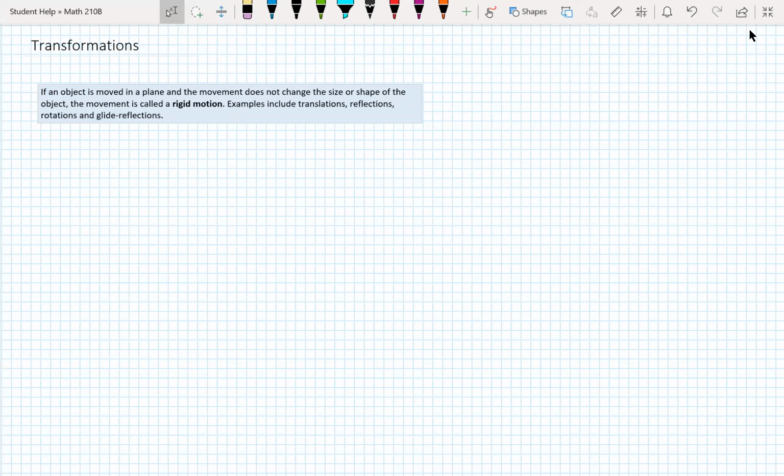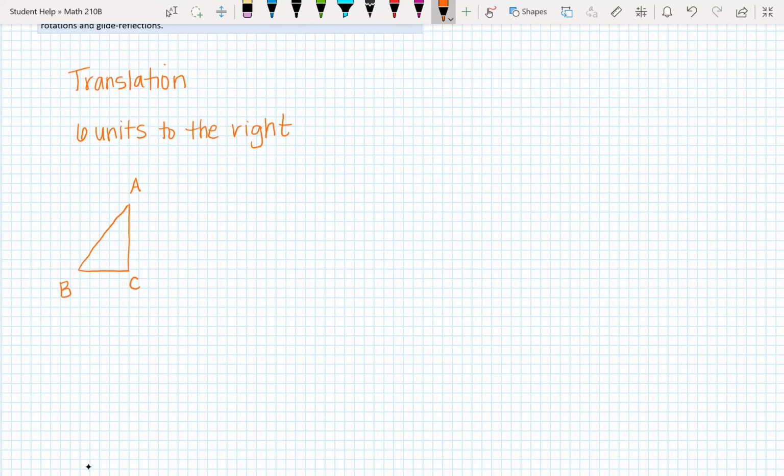So what I'm going to do is go to each of the points that are given here, and I'm just going to count 6 tick marks to the right. So starting at point A, I'll go 1, 2, 3, 4, 5. The new point A, or A prime, showing that it's been moved, is going to be there. Similarly with point C, I'll count off 1, 2, 3, 4, 5.